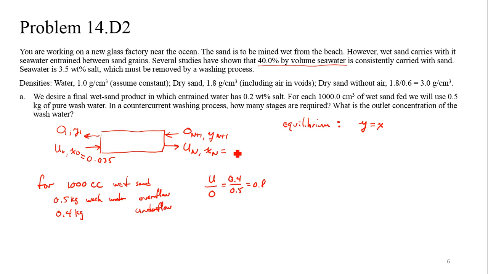It's what? 0.002. We know y n plus 1. 0. So from an overall picture here, the only concentration that we're missing is y1, right? About a mass balance. Right, so we could do a mass balance.